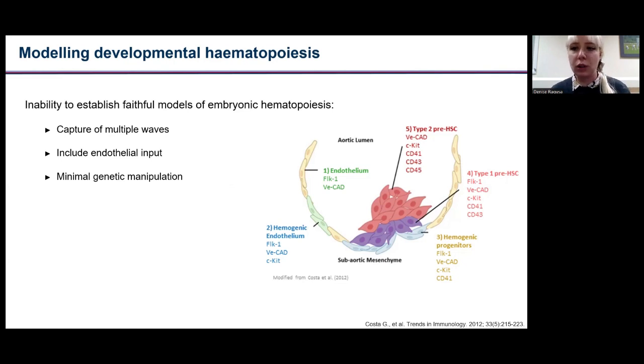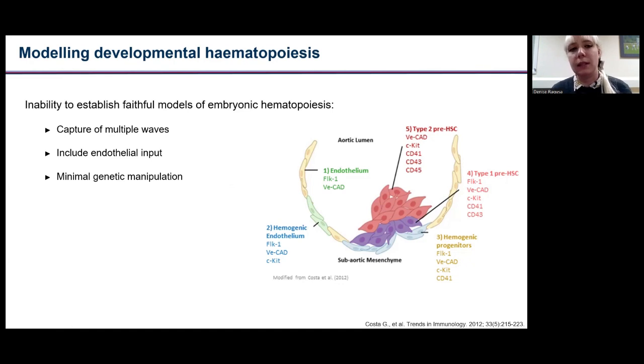It is difficult to include all these different cell types and non-hematopoietic input, mainly the endothelial and vascular input, that needs to cooperate and create this microenvironment of endothelial hematopoietic cells that then will give rise eventually to the hematopoietic system.